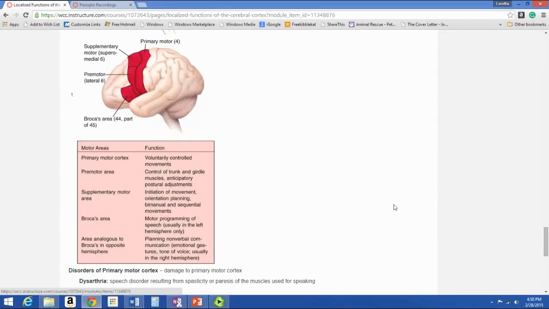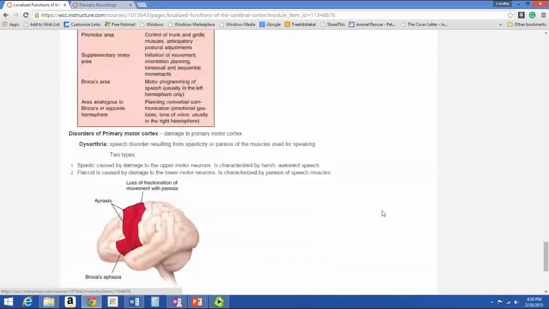Broca's area is motor programming of speech, and that's just in the left hemisphere. On the opposite side, on the right hemisphere, the area that's analogous to Broca's is responsible for planning nonverbal communication, emotional gestures, tone of voice, and that's the right hemisphere.